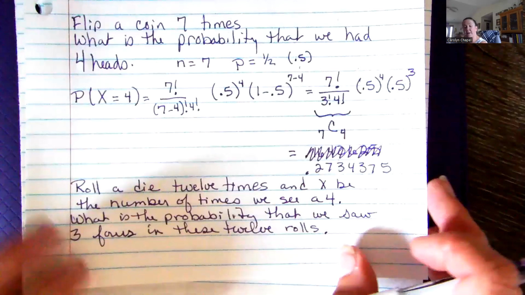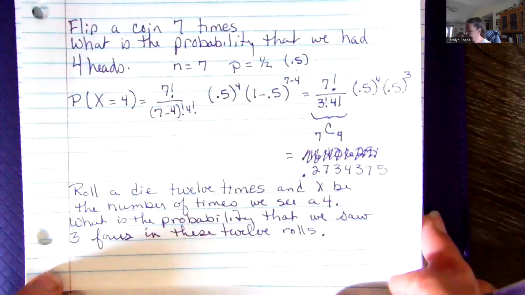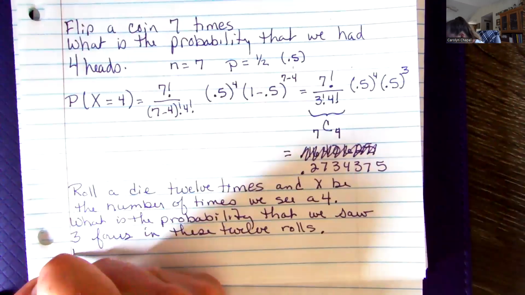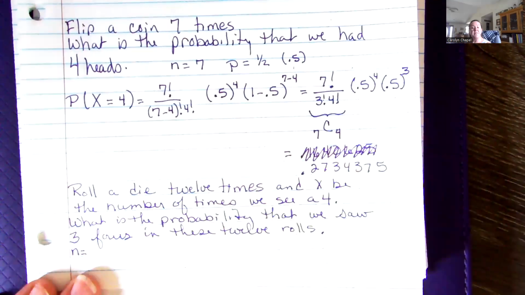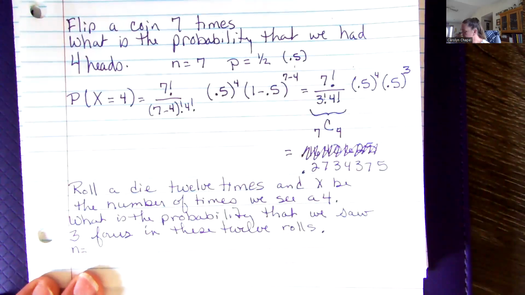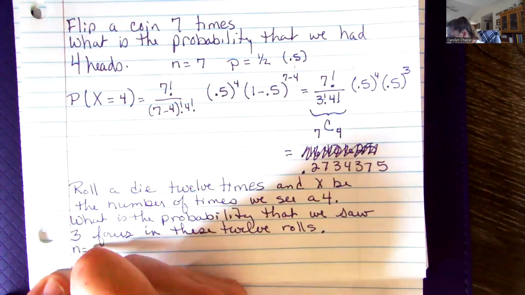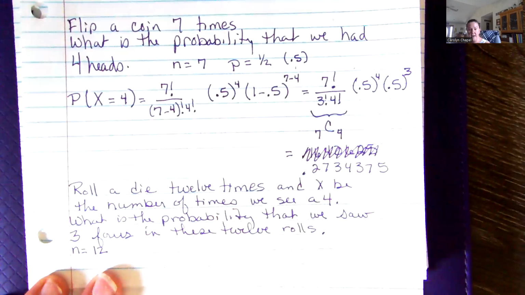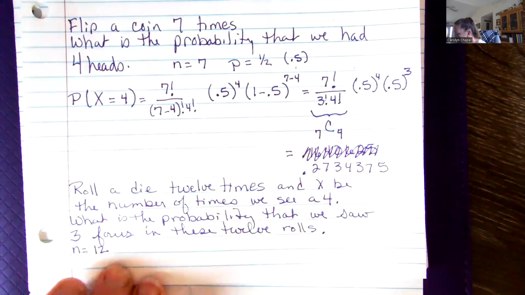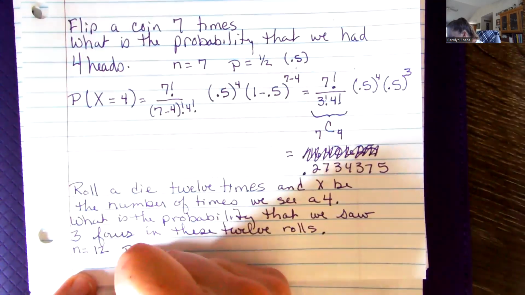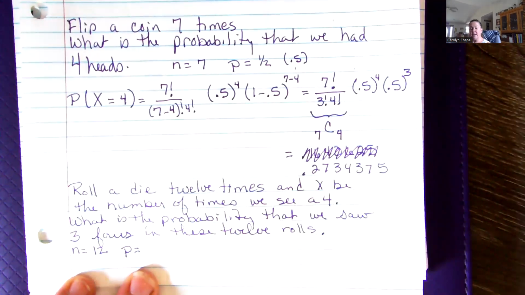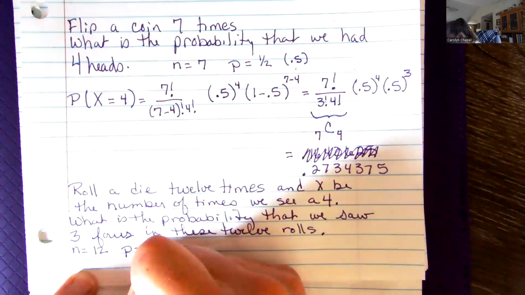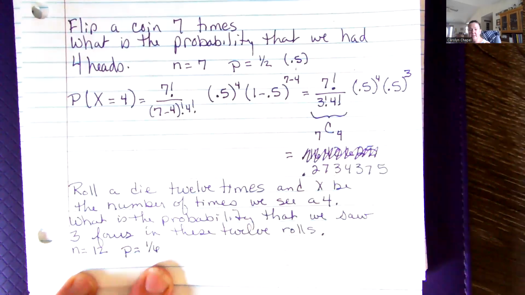So I'm going to again write down the little pieces that I have. My n, that is the number of fixed trials that I have. So the number of fixed trials I have here is 12, because we roll this die 12 times. My p, the probability of a success in this problem is getting that 4, and the probability we get a 4 is 1 out of 6.